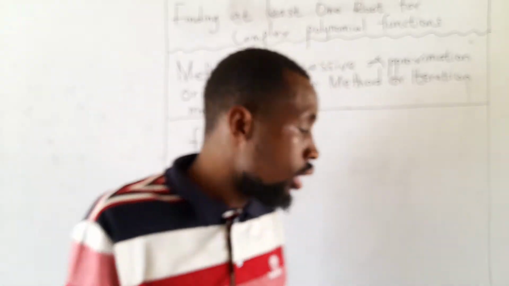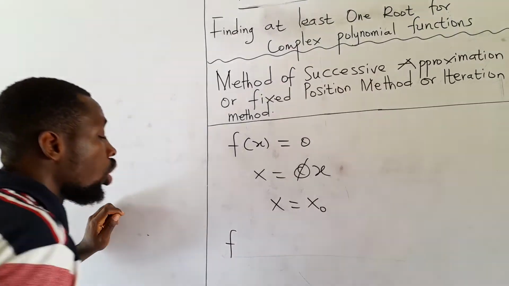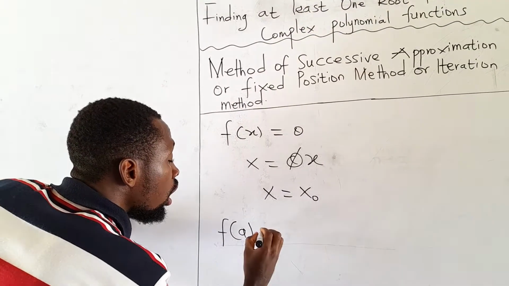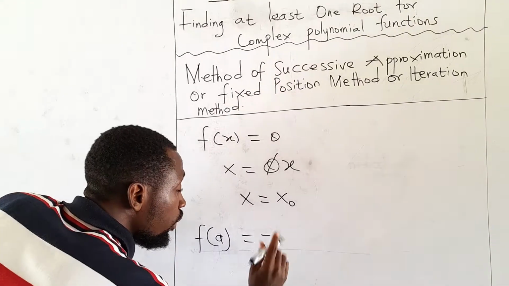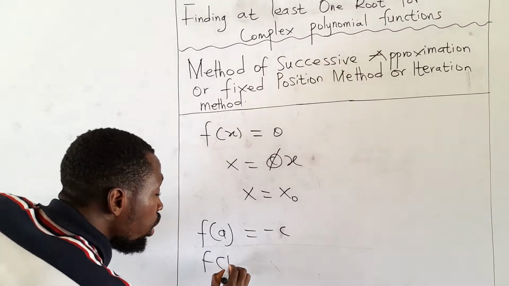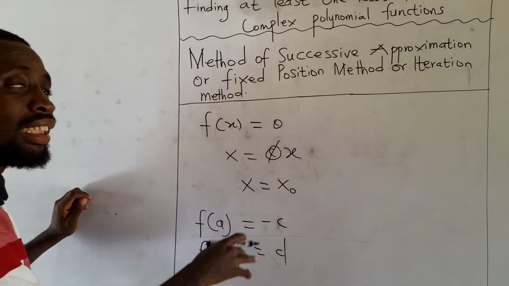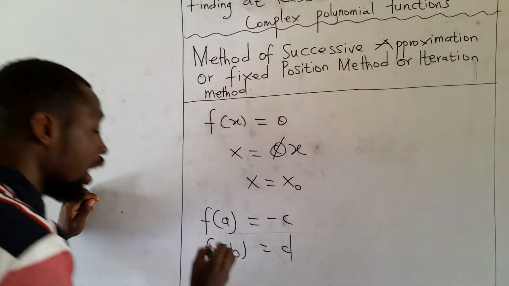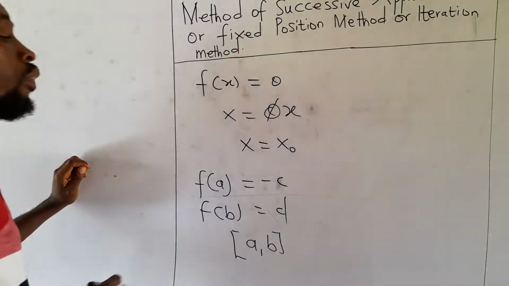Very, very important. If we use location theory, we realize that f of a is equal to maybe negative b or negative c, and f of b is equal to d. That means at least a root exists within the interval ab from the location theory.